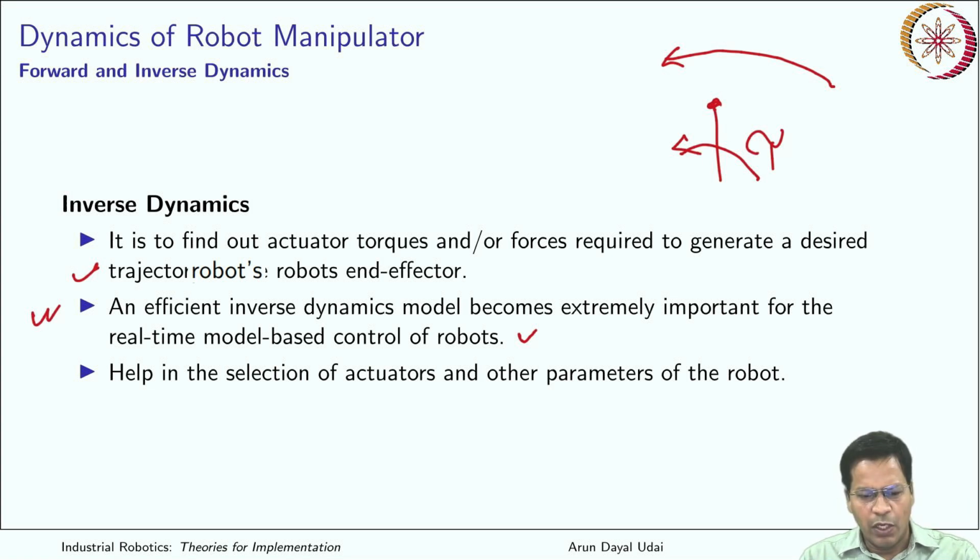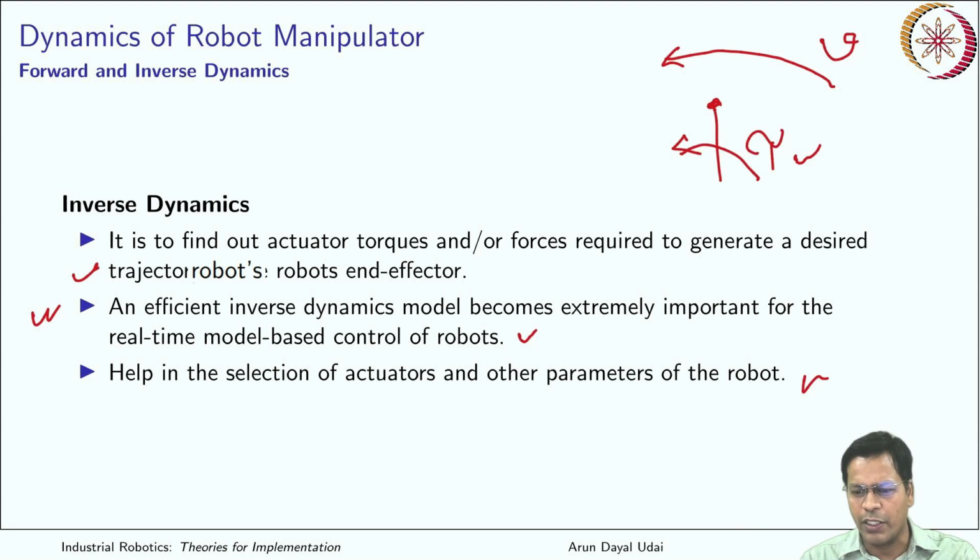It will also help you in the selection of actuators and other parameters of the robot. Let us say you want to make your robot with a certain moment of inertia of the links, masses of your links and external forces. In order to create a certain trajectory which you want, what kind of actuator should you have that has the capability to give you that?